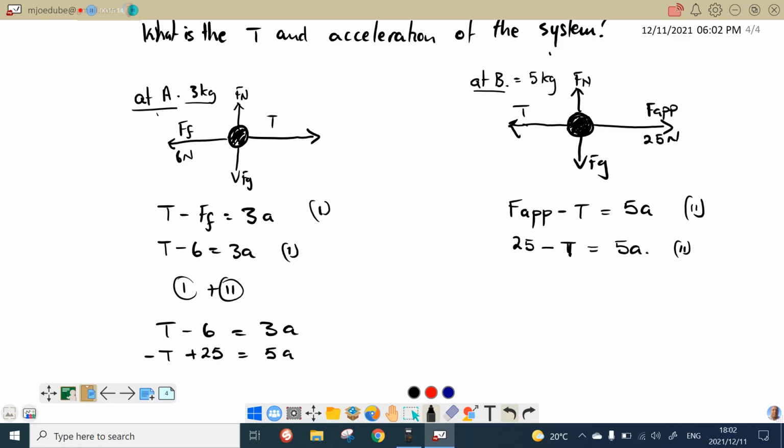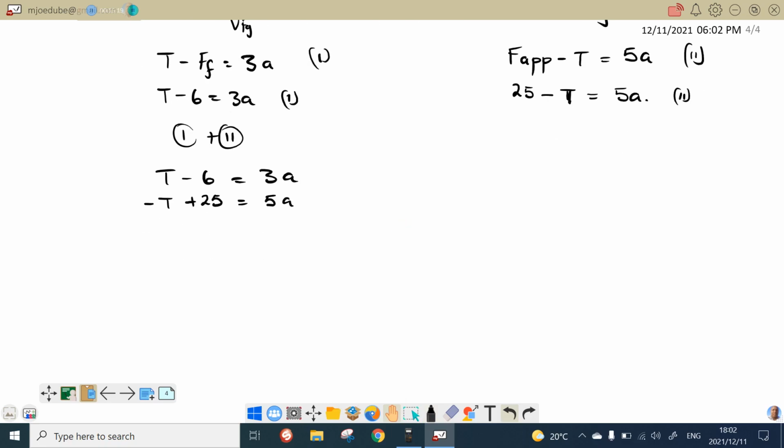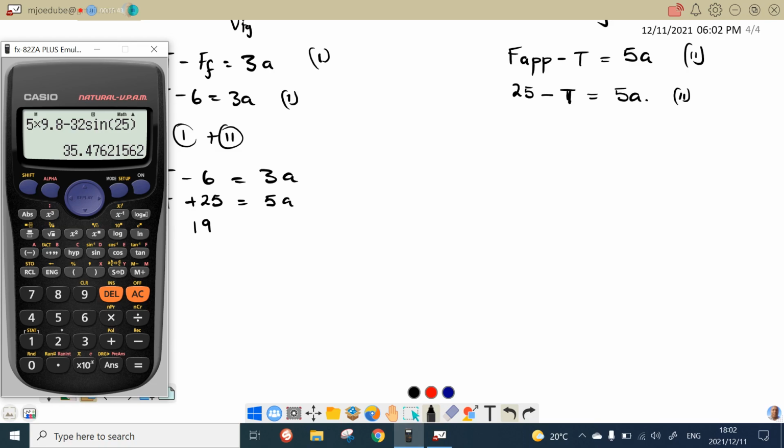If I add these two equations, T plus minus T is equal to 0 T's, and then minus 6 plus 25 is the same as saying 25 minus 6. So this here is going to be equal to 19. You put that into your calculator, minus 6 plus 25, that's where you get your 19, right?